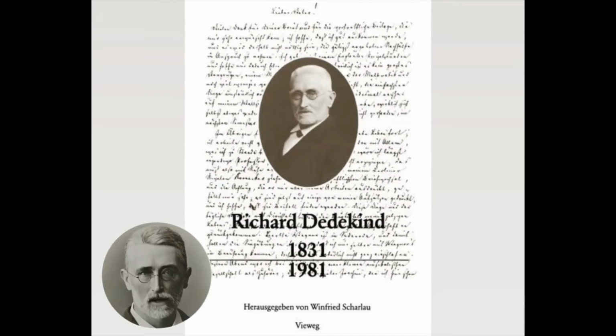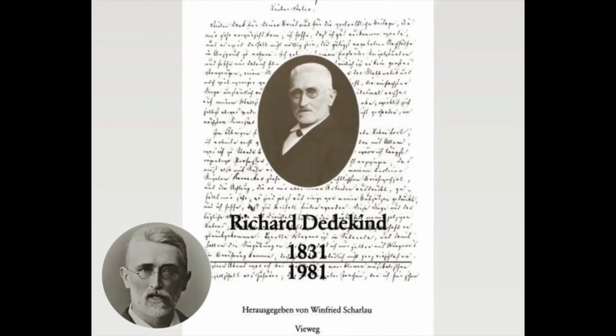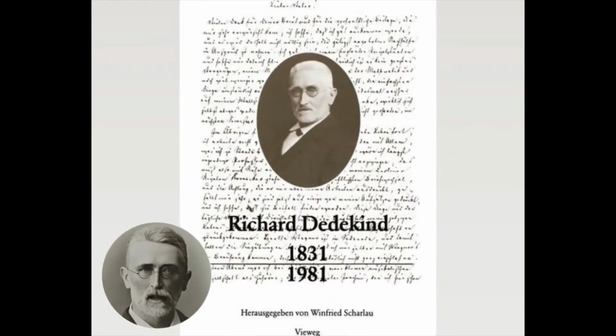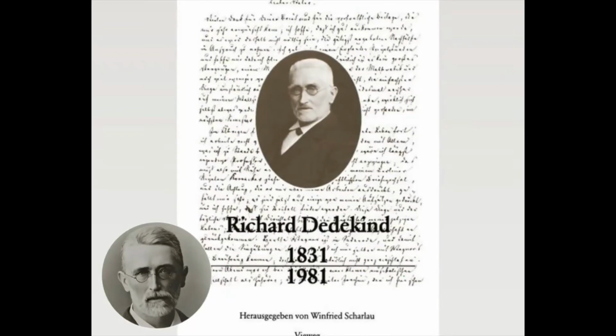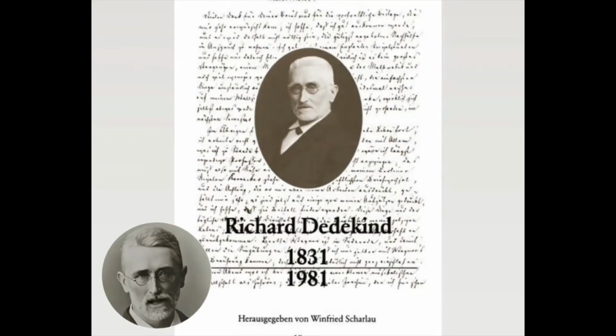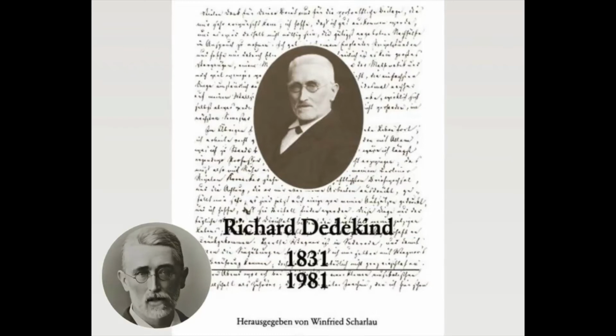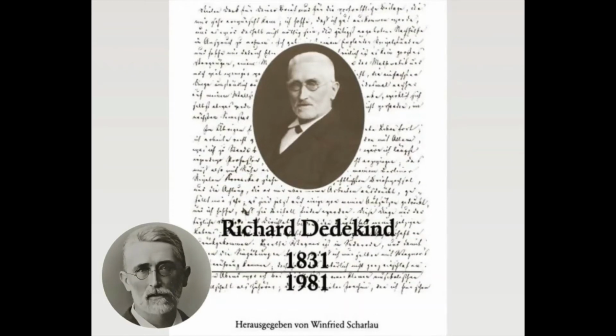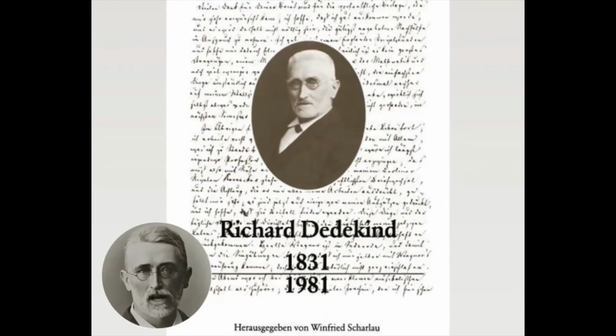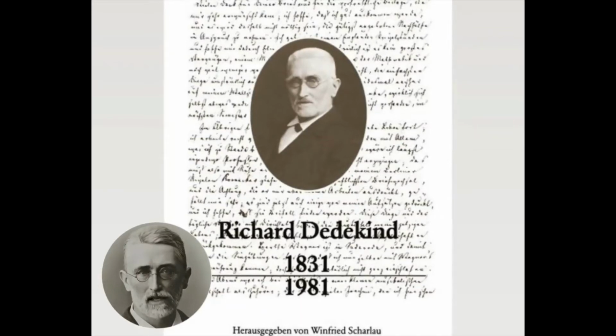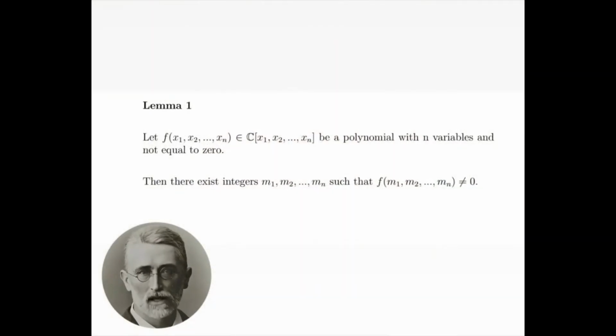We are now going to provide a proof for Galois lemma 2. I will do that by proving 2 lemmas. The proofs can be found in the German book edition of my notes from the lectures in Göttingen. The book was written by Winfried Scharlau in the year 1981. Lemma 1.